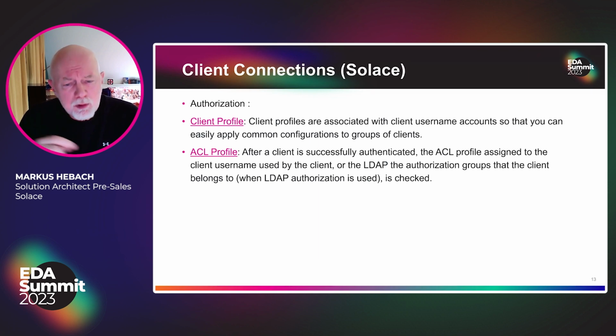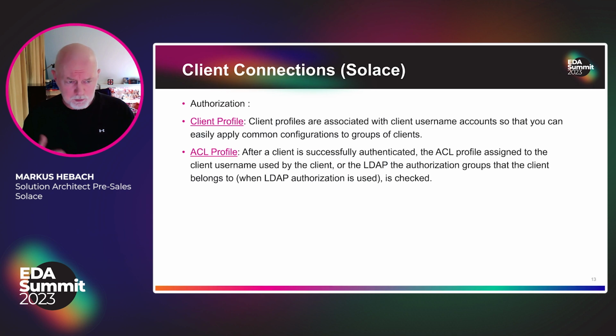And the ACL profile is more oriented in terms of which topics or queues you can subscribe or publish to. So this is more like a logical access control list for specifying a wildcard for a topic address where you are allowed to subscribe or publish to.